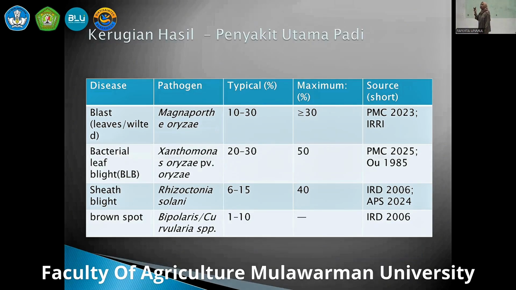The typical loss is about 10 to 30%, and the maximum percentage loss is about 30%, right? And then they have a lot of others. Here you can see bacterial blight, BLB, seed blight, and also brown spot. Then this is the data.